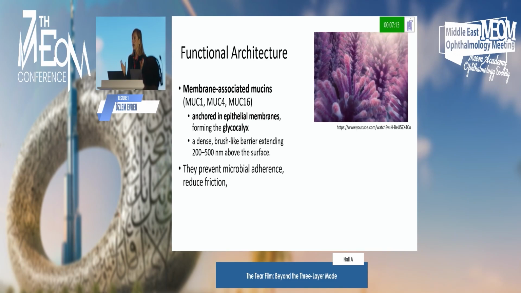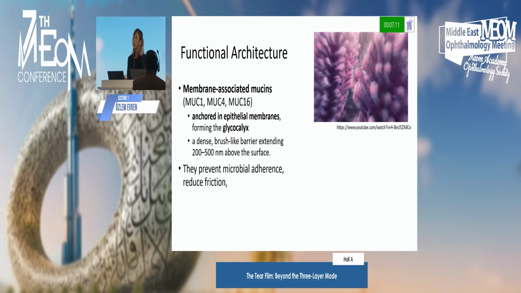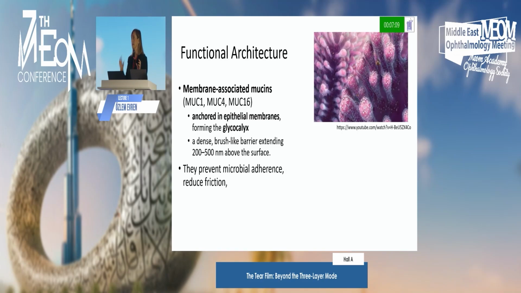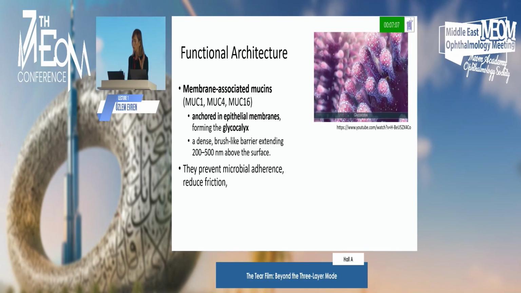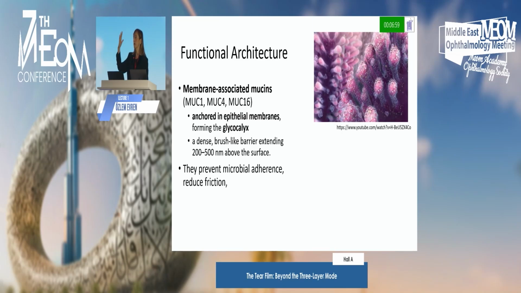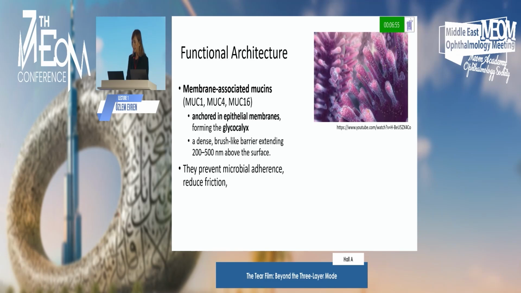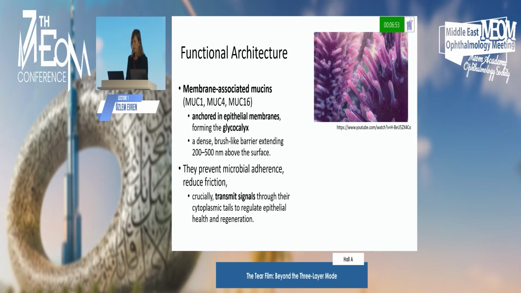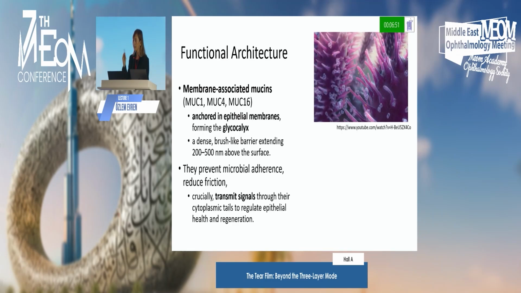There are two kinds of mucins, which are the membrane bound and the secretory ones. The membrane bound ones are anchored to the epithelial membranes and form the glycocalyx, and they extend to the surface. And this extension has several meanings: they prevent microbial adhesion and also transmit signals.